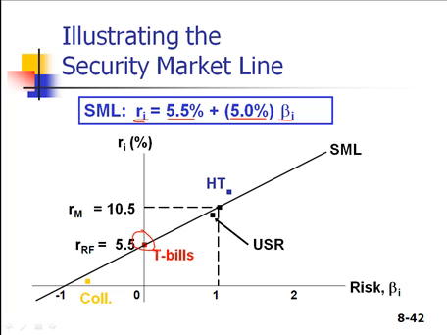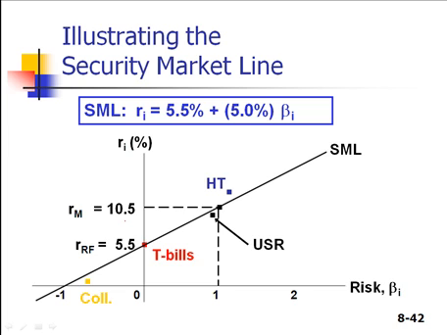Notice that if the beta increases by 1, then the rise over run is the slope. It increases, the difference here is 5 percentage points.